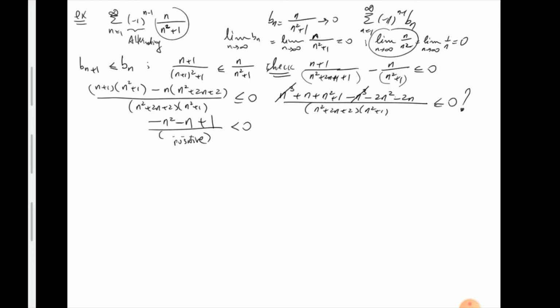If you look at the top, minus n squared minus n plus 1 is less than 0, because that's equivalent to n squared plus n greater than 1, which is true for n from 1, 2, 3, and so on. That's really enough in terms of the work here to show that the series is convergent. So, conclusion: by alternating series test, the original summation is convergent.